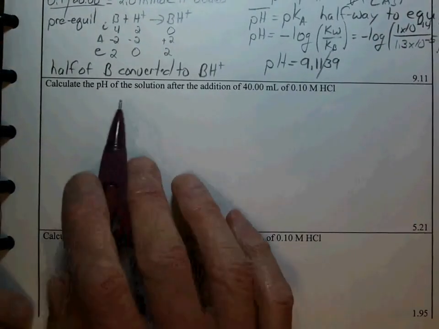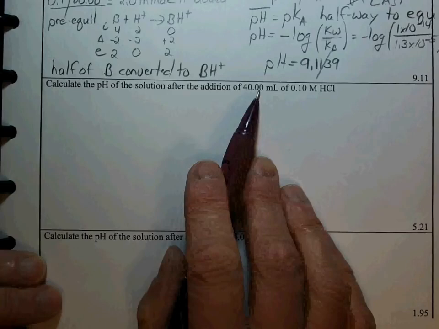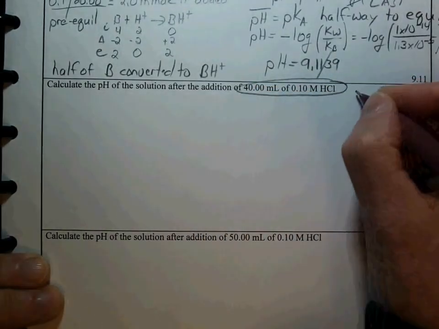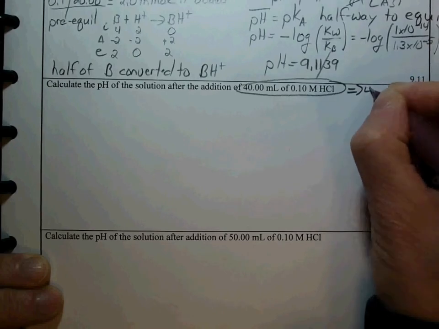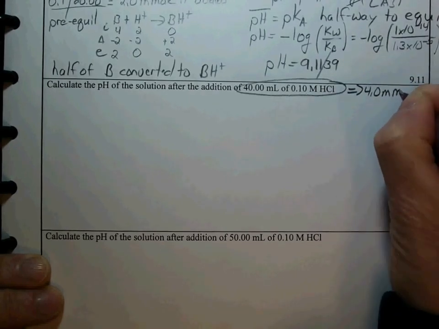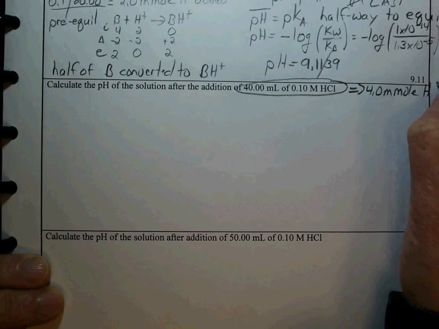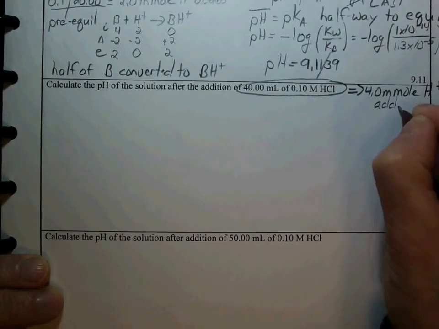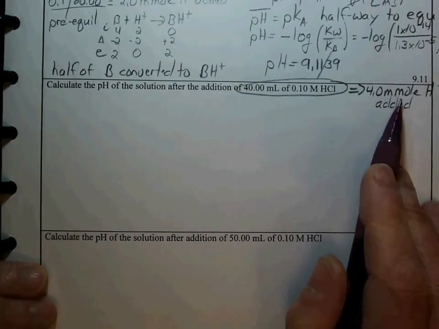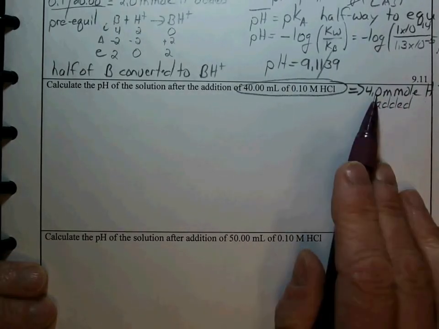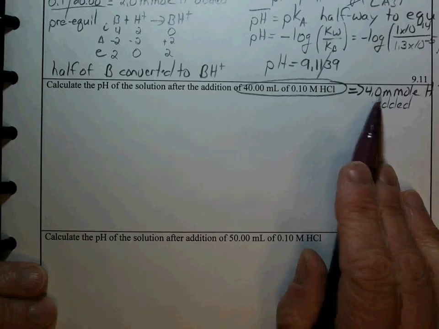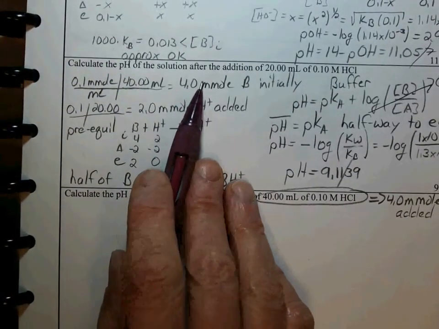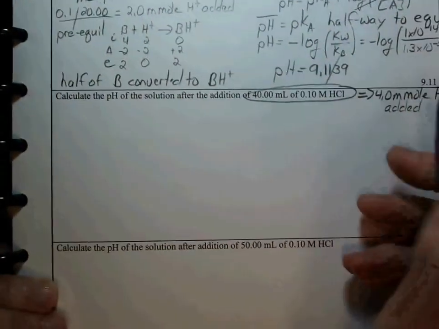Okay, the pH of the solution after addition of 40 milliliters of HCl. That means we have 4 millimoles now of H plus that have been added, and therefore all of our base has been converted to its conjugate acid, because remember we started with 4 millimoles of our base.